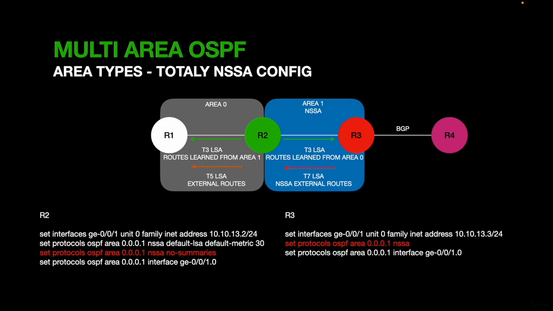Configuration is also pretty simple. You just configure on the ABR NSSA no summaries and the default metric. On R3 you just specify that this area here is a not so stubby area.